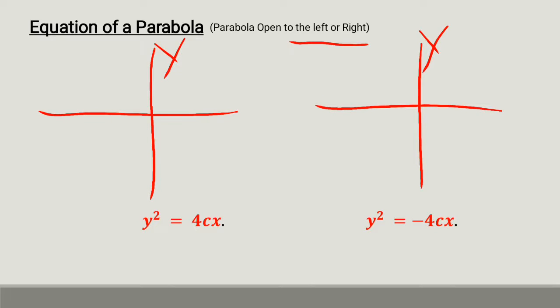So, again, hahanapin ko aling variable ang merong raised to 2. So, kung mapapansin natin, this is y squared. So, ang magiging graph ng ating parabola is touching the y-axis. Since positive 4cx ito, ang magiging graph natin opening to the right.